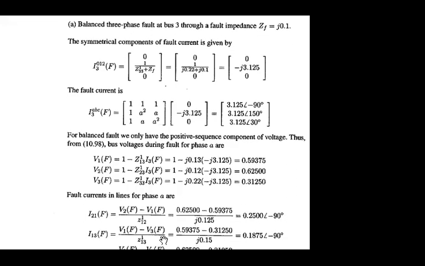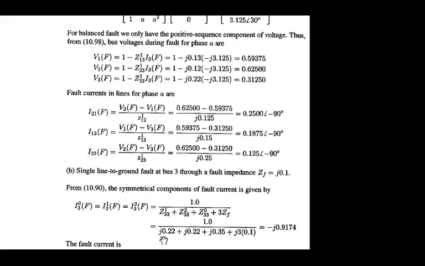Actually, a three-phase fault is like that: three lines can be shorted to have that fault. It might be ground, it might not be ground. So single line to ground fault is only one line to ground. ZF is already given, so we can find this information, right?